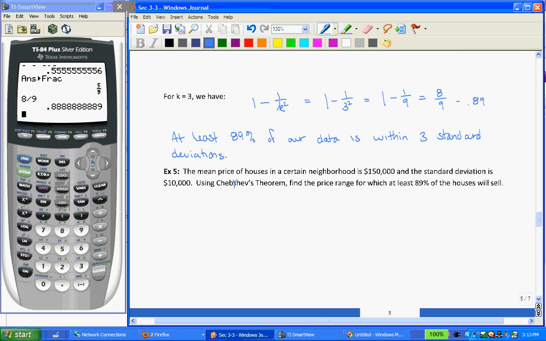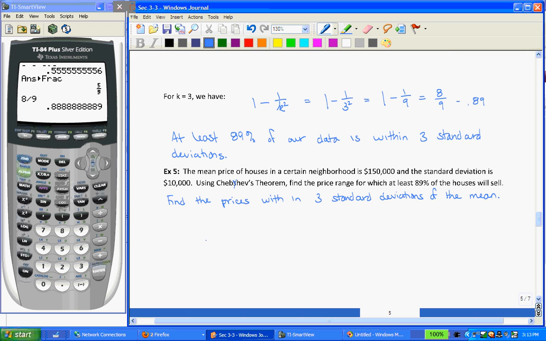So what I want to do is find the prices within 3 standard deviations of the mean, since I know that 89% corresponds with k equal to 3.